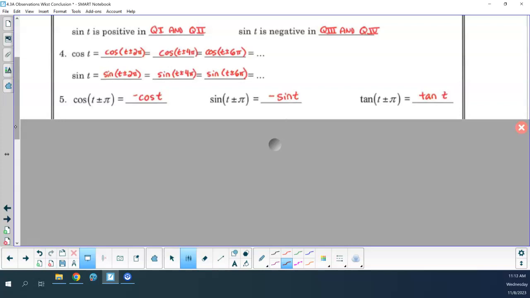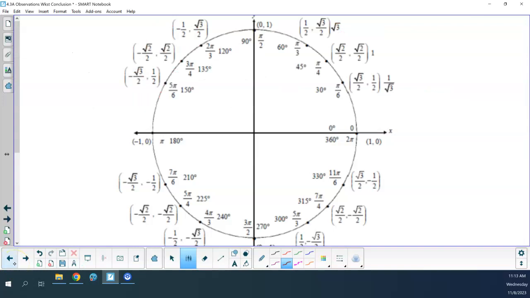And then the last one that we had was if we went the total opposite direction, the negative direction. So if I put my point right there, this would be going in the positive direction, and this would be going in the negative direction.